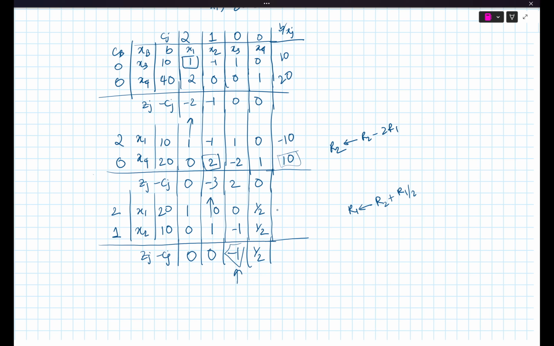So this is my entering variable, but if I look at the ratio, what I'm getting is 20 by 0 and minus 10. So what does this mean?